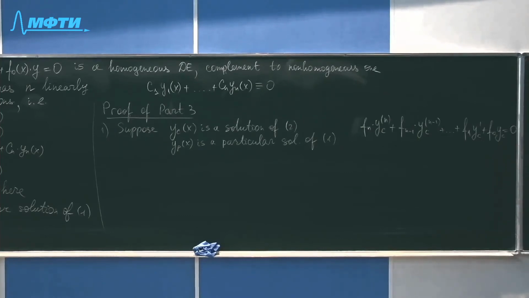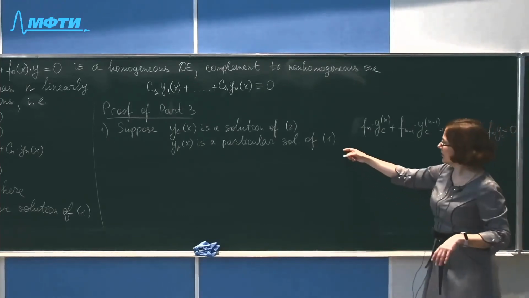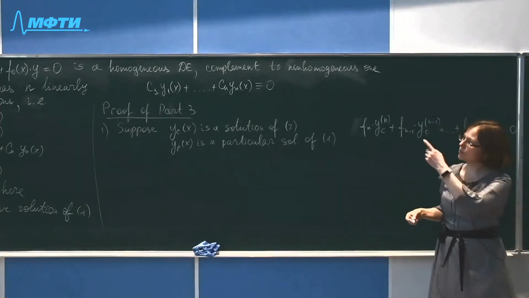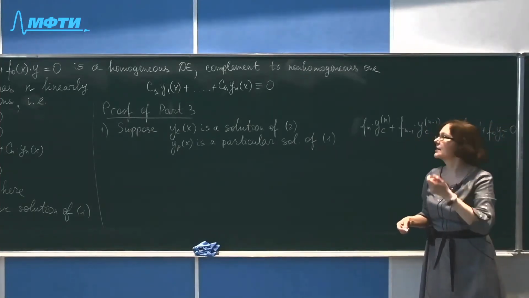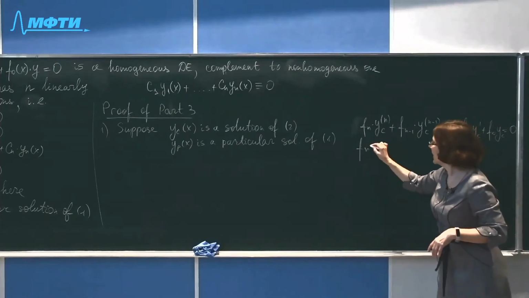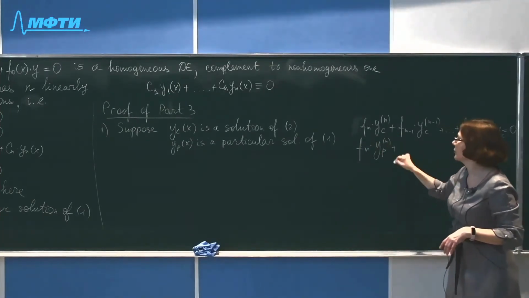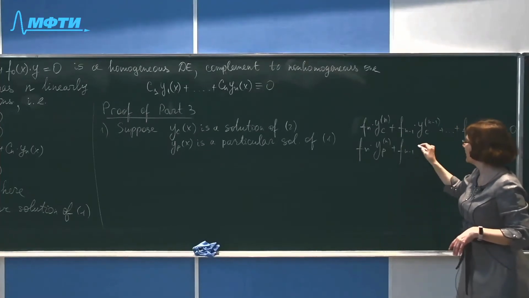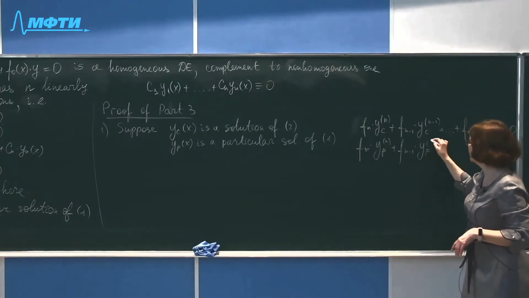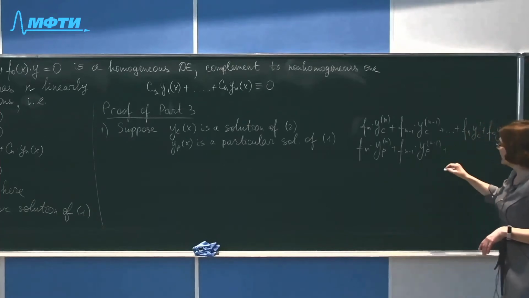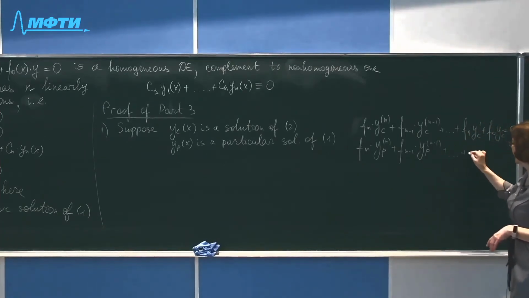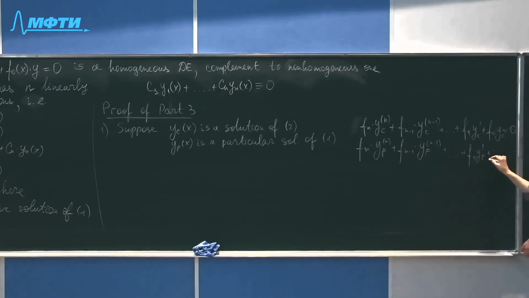Right, so we can write this. Next, yp is a particular solution of the original equation. And so we can write the following. Fn times the nth derivative of yp, plus fn minus 1 times the derivative of order n minus 1 of yp, plus f1 times y prime p, plus f0 yp equals q of x.